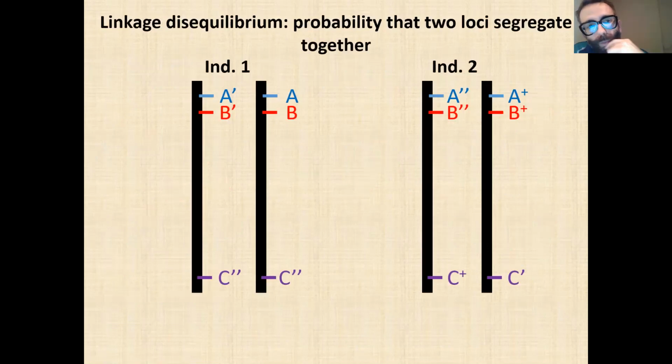And let's continue with this, which is completely linked. So imagine now that there are these two individuals. These two individuals have, whatever, one chromosome and they're diploid, so they have two chromosomes each.